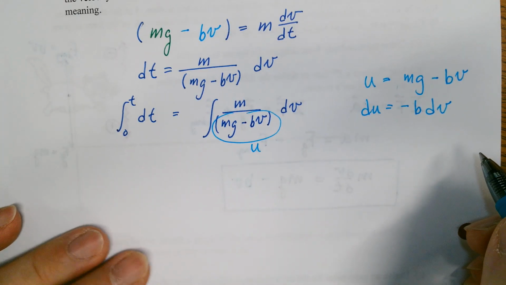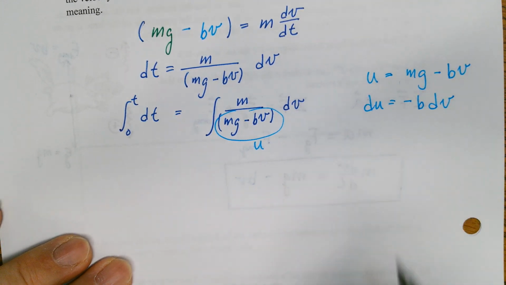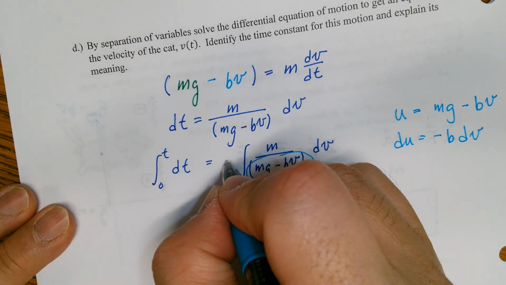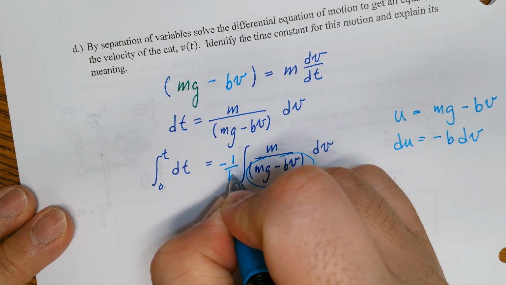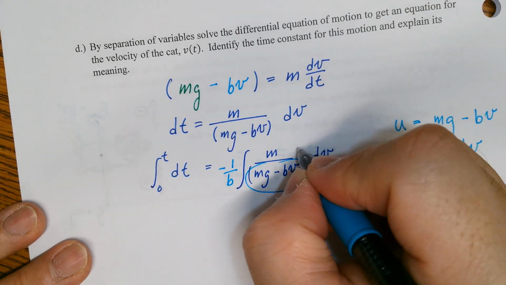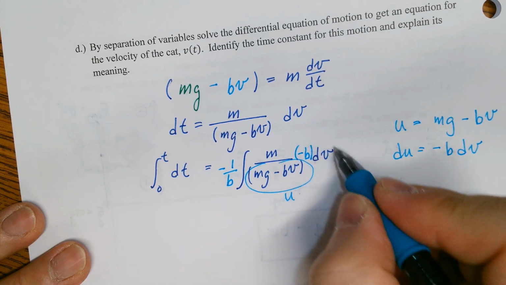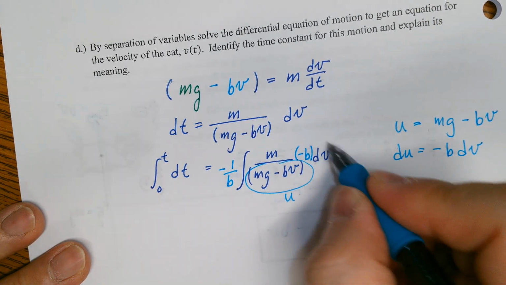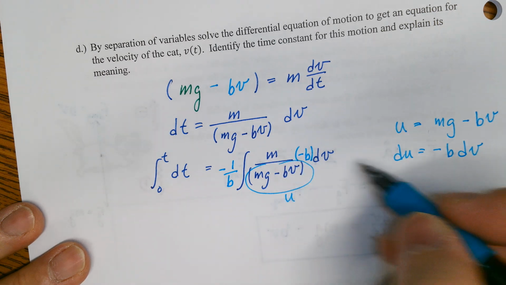So I'm going to need a factor of negative 1 over b out in front to have my negative b here. So this whole thing is u, and then m over u du.